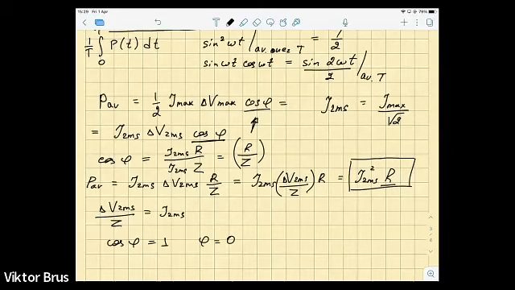So it can be realized only in the case when we have only active resistance in our AC circuit, and this will correspond to the maximum average power equal to I RMS times delta V RMS.